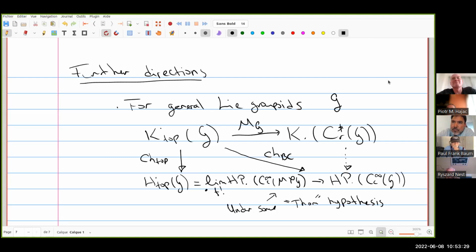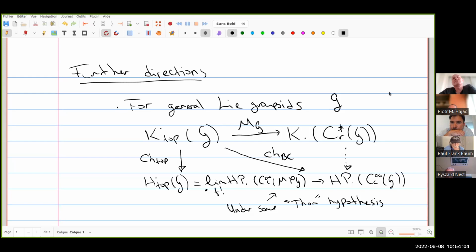So, I have a comment. There is of course a version of periodic cyclic homology for C-star algebras, not for these smooth algebras that you wrote, the C infinity CG, but for the group C-star algebra, the groupoid C-star algebra. And there is the local periodic cyclic homology for C-star algebras. I think the most readable versions are by Ralph Meyer.